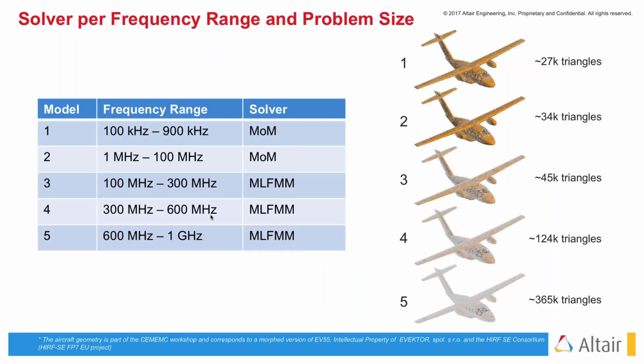So the approach we followed here was to split up the frequency band into 5 different ranges. This also allowed us to use different mesh sizes and also to choose different solvers. So for example, under 100 megahertz the method of moments is most efficient for this problem, whereas above that we can switch to an asymptotic method to solve the problem.